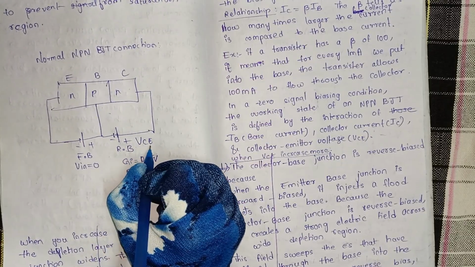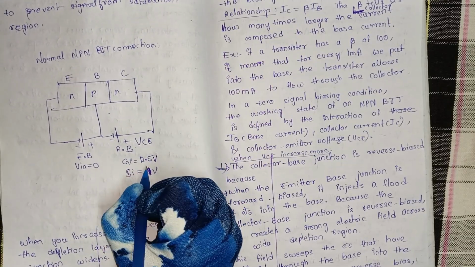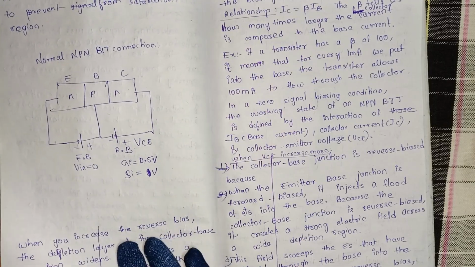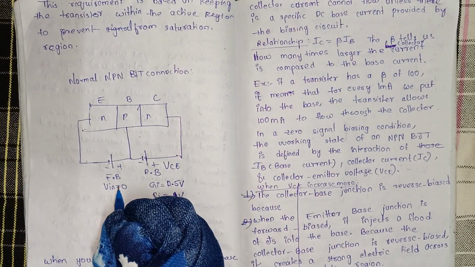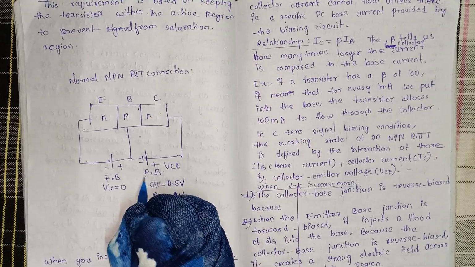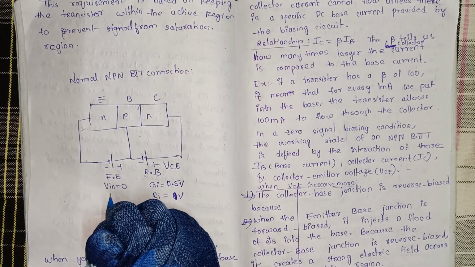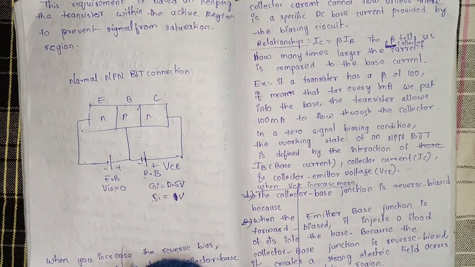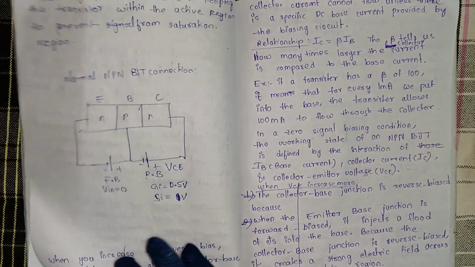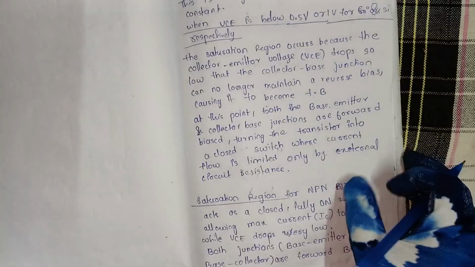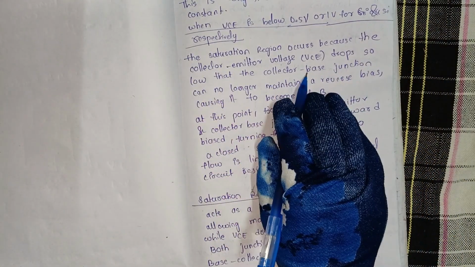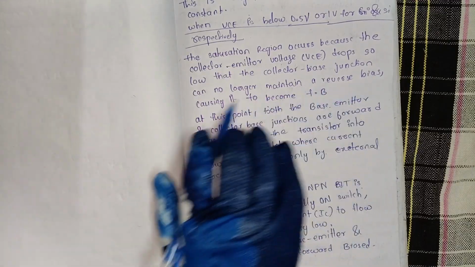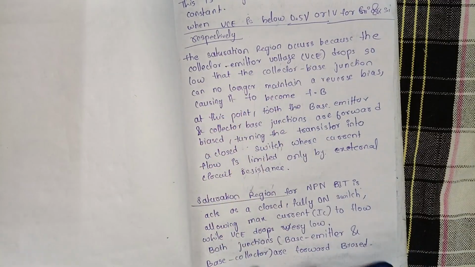Low means below 0.5 and 1 volt. Initially the junction is reverse biased. In the zero signal condition, Vin is 0, and if VCE drops so low that the collector-base junction can no longer maintain a reverse bias, it becomes forward biased.